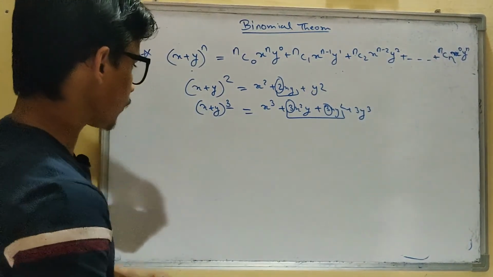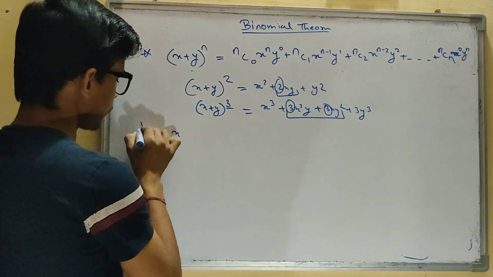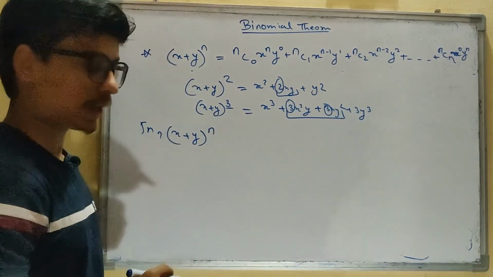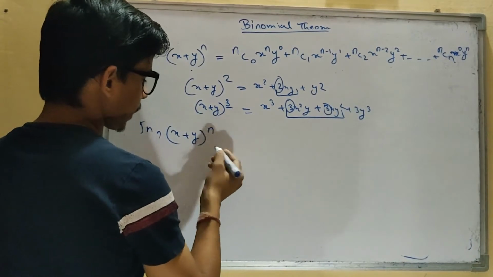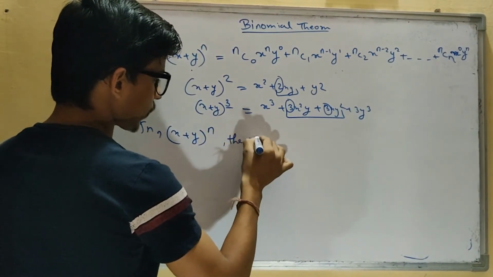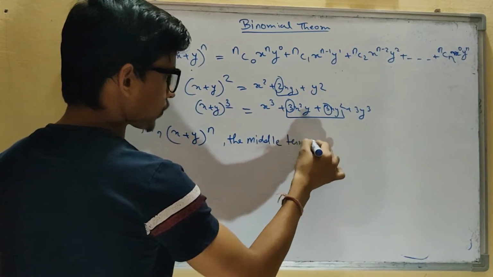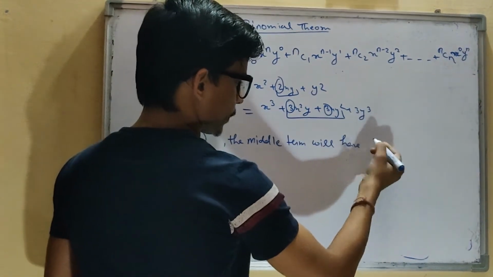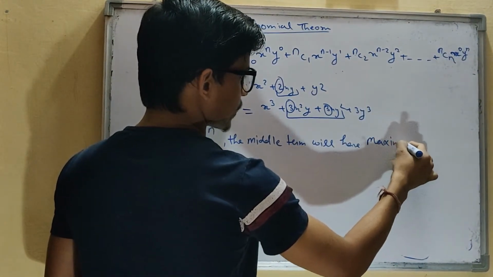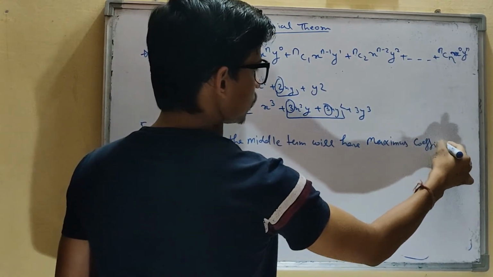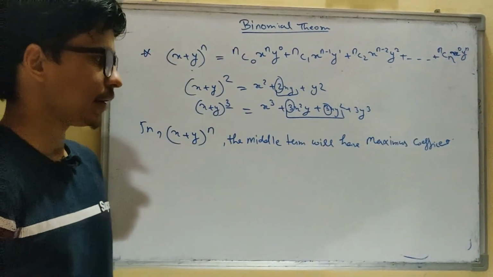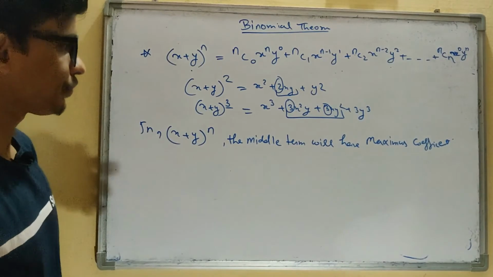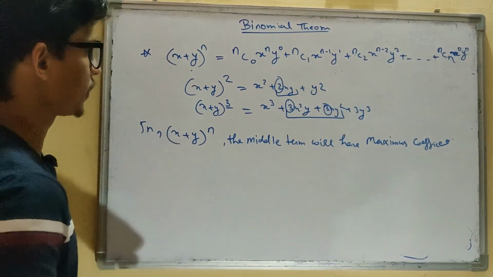So remember that in x plus y to the power n, the middle term will have the maximum coefficient. I told you how to calculate the middle term, then you can easily find what the coefficient is. So please remember this.